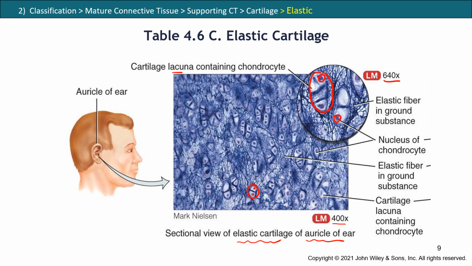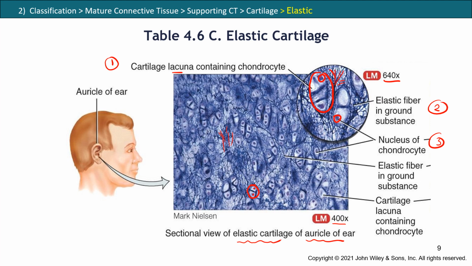Besides that, you see all these branches of blue, like a tree mesh. Those, in both cases, are the elastic fibers. So remember, you have the lacuna, the elastic fibers, and the chondrocyte nucleus, and all these different structures are easy to differentiate right now.